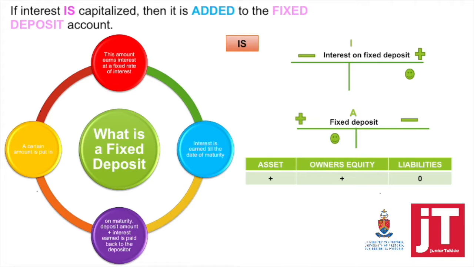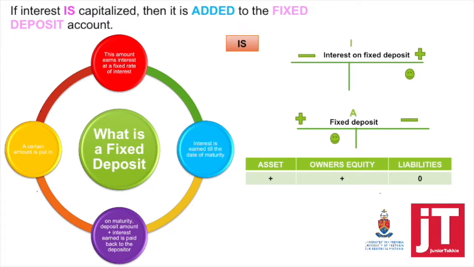If interest is capitalized, it means that it's added to the fixed deposit account. What basically happens is an amount is invested for a fixed period of time. That amount earns interest, so your investment will grow.